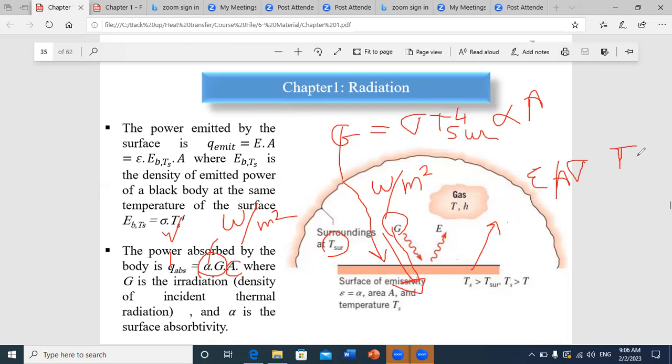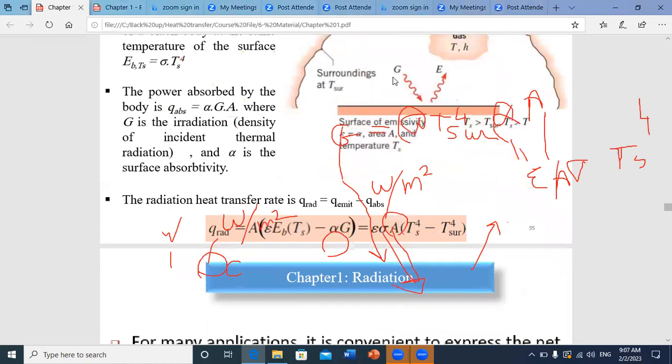And as we discussed together, we consider that epsilon and alpha are equal. So you will have in common sigma, alpha, which is treated equal to epsilon, and the area. So the net radiation can be computed as follows.